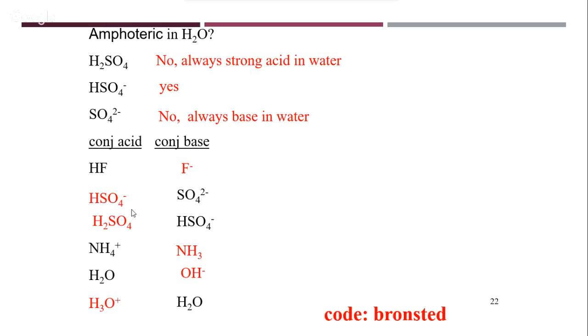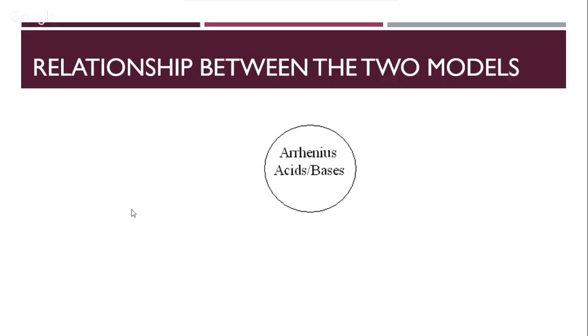Now, let's look at the relationship between Arrhenius and Bronsted-Lowry. In the Arrhenius definition, we said acids are H plus donors, whereas bases are OH minus donors, and they only exist in water solutions.